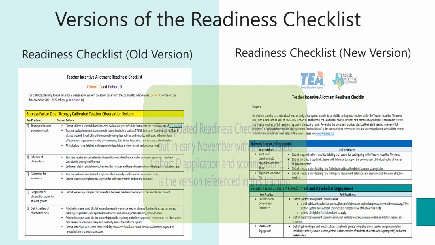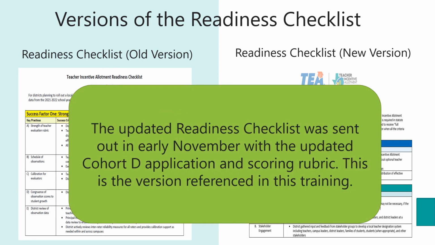I do want to note that the updated Readiness Checklist that you see was made available in early November when the Cohort D application and scoring rubric were made available as well. So if you have the updated Readiness Checklist, which is available on our website, we'll also have it available underneath this presentation, which is listed on our website, then that is the new Readiness Checklist that we are referring to.